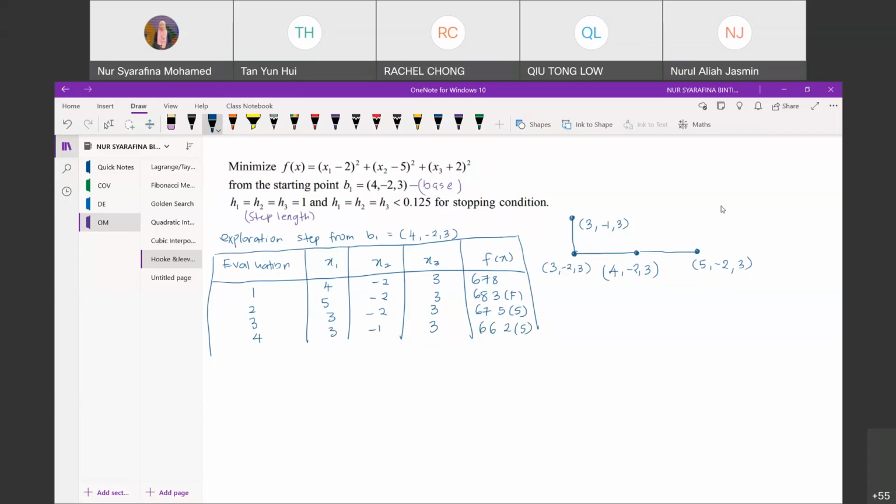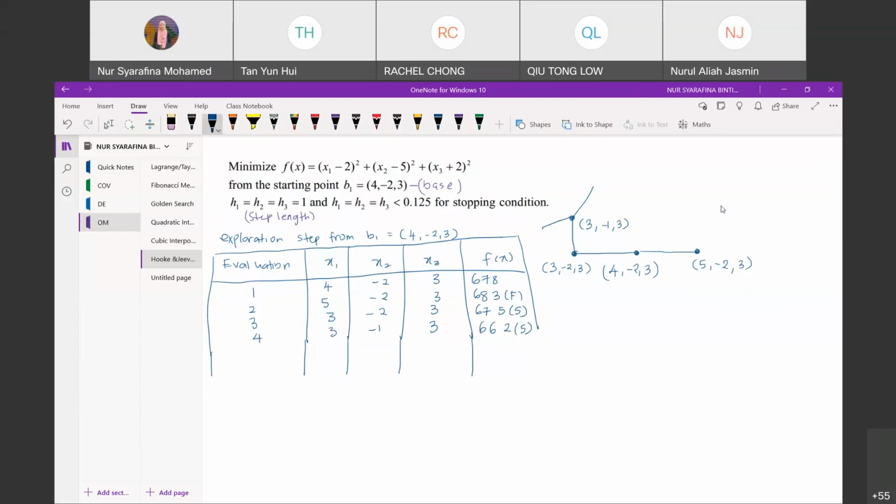Since this is a success, no need to go down, right? And remember, this is three variables, so you need to consider the third variable. From these, you should move to the front and to the back.